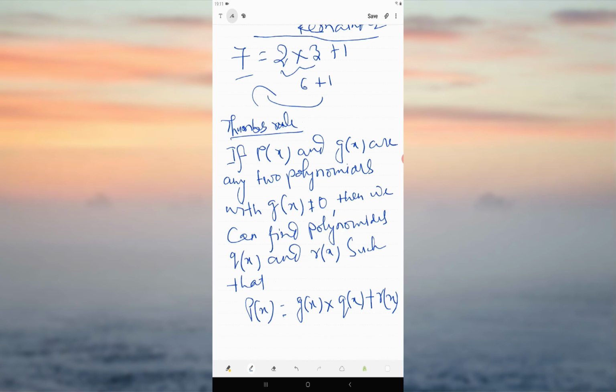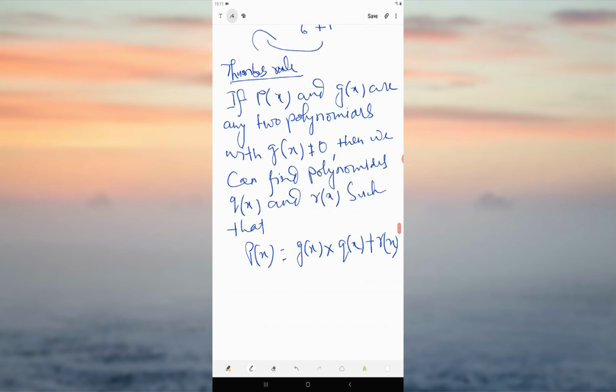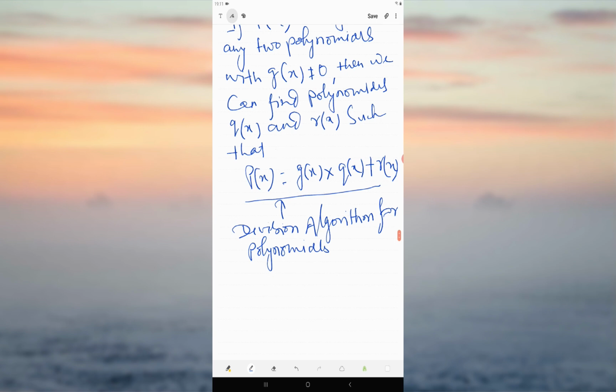Same way as we divided 7 by 2. Algebraically also it can be done. So this result is known as the division algorithm for polynomials. This is based on our arithmetic division. Simple. If you compare this with the arithmetic division, we will get the same thing. Okay?